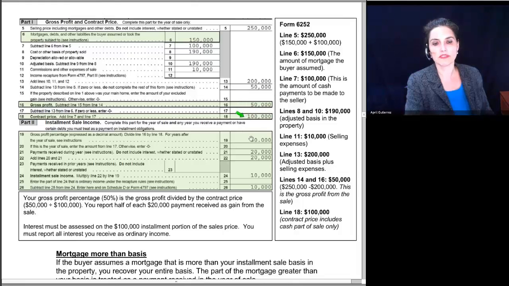And so this formula is essentially giving a gross profit ratio of 50%. And what that means is that 50% of each payment is going to be profit. Payments received during the year were $20,000, and therefore the taxable part of the payments received is $10,000. So that's what you do when the mortgage assumed is less than the basis in the property.